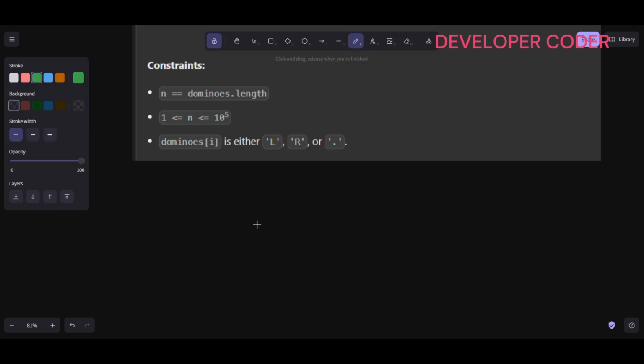Here let's suppose we have some value a, and inside this all the dominoes are standing still, and here is some value b. Now in this case, if my a is equal to b and let's say both are L, so this domino is falling to the left side and this domino is also falling to the left side.